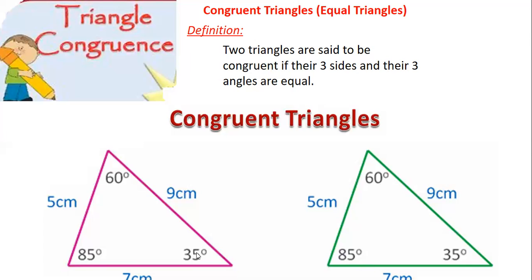Also this angle here is 35 degrees and this angle is 35 degrees. So I now can say these two triangles are congruent since their three sides and their three angles are equal to each other's.